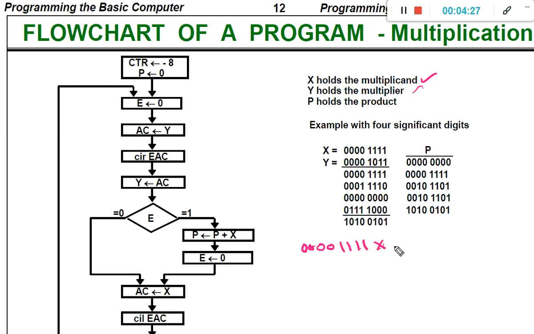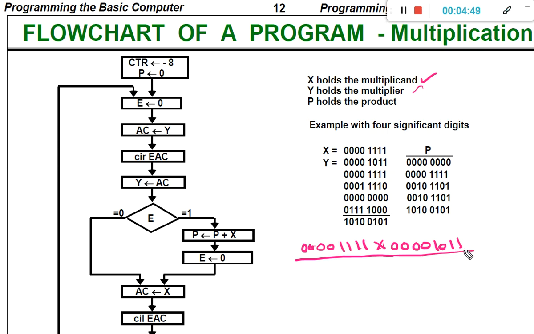The y value is 0 0 0 0 1 0 1 1. The multiplication is carried out in the same fashion as we generally do it.